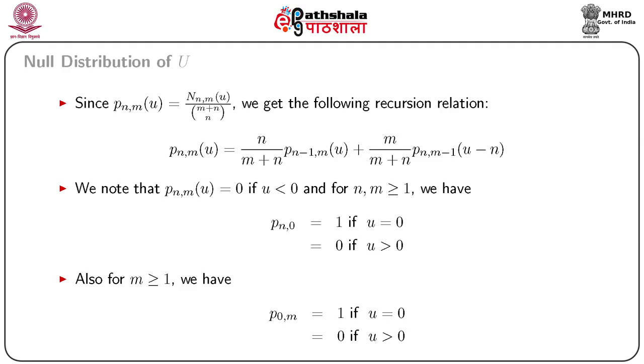Since P_{n,m}(u) is the ratio N_{n,m}(u) divided by (m+n choose n), we get the following recursion relation.